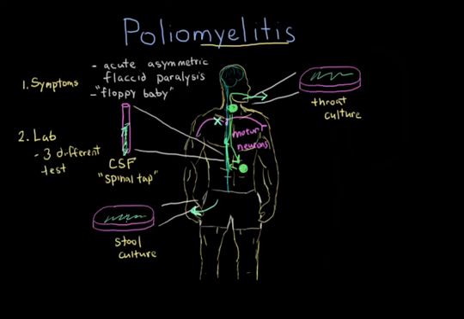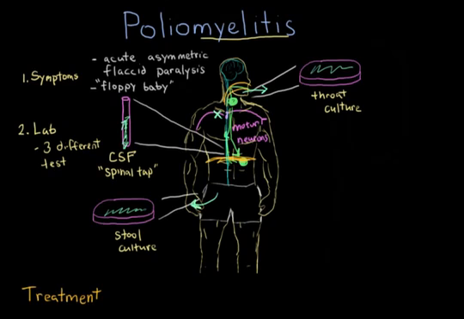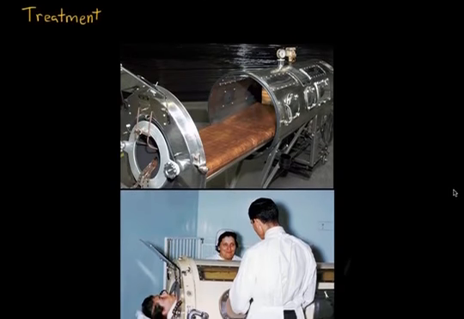Now, once diagnosis is made, we need to progress to treatment. And unfortunately, there is really no treatment for a person who has polio. It's really symptomatic support. If a patient, for example, has their respiratory muscles like the diaphragm, if that is dysfunctional and they can't breathe, then they might need support through a breathing tube. Put a breathing tube into the mouth to support the lungs. In fact, in the old days, let's go ahead and scroll down and I'll show you this.